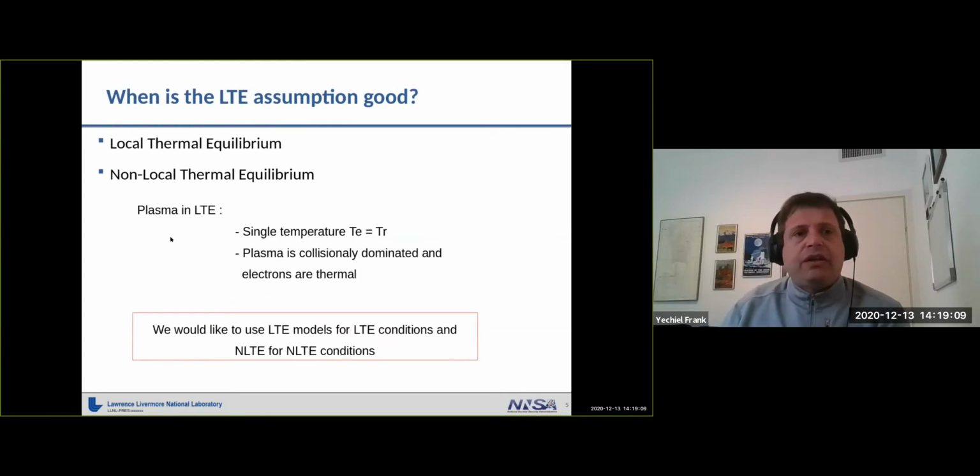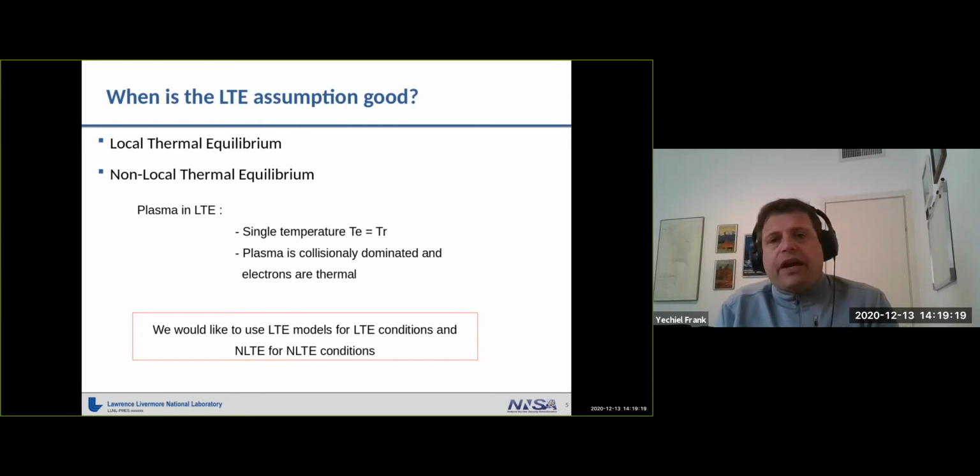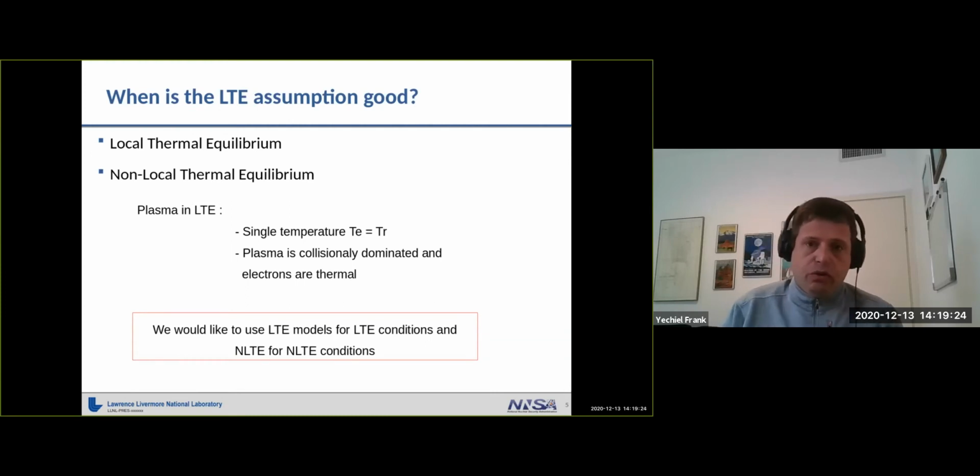Again, just a quick word on LTE versus non-LTE. LTE, as I said, local thermal equilibrium, means that I can assume that the plasma has, at least in a local, macroscopic sense, a temperature that can be assigned to it.